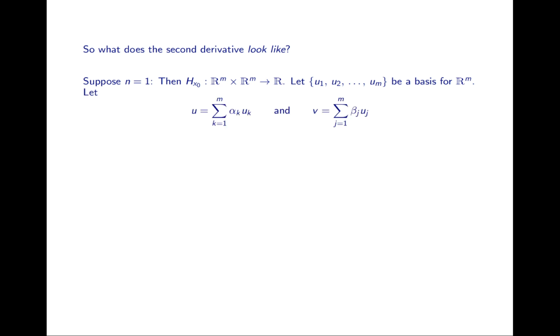And u and v are m-dimensional vectors, or vectors in Rm. So I can write them as a linear combination of these basis vectors, where alpha are the coefficients of u and beta are the coefficients of v.